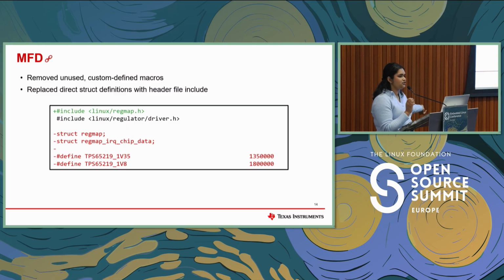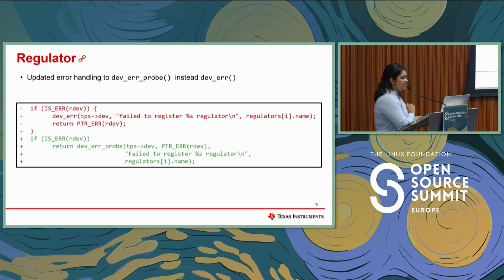Those weren't used in the driver. Might as well get rid of them, so that no one's trying to do what I did, where I kept searching: why is this macro defined? Why is it important? What is this here for? I also replaced any direct struct definitions like regmap and regmap IRQ chip data with just the header file instead, because as I was learning, I realized, okay, instead of just defining it, I'll just use the include file.